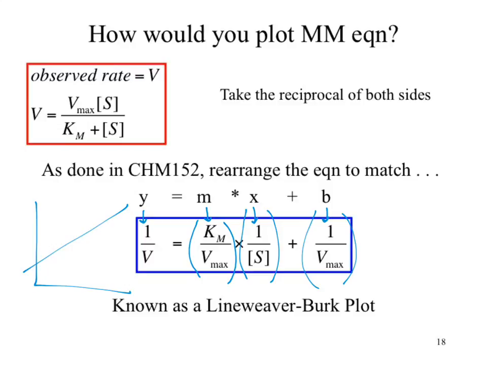What was b? One over Vmax. What is b in a linear equation? y equals mx plus b. It's the y-intercept. Can we determine the y-intercept from our graph? Yeah. So we can use our graph and determine the y-intercept, right here, which is b, which we know equals 1 over Vmax.